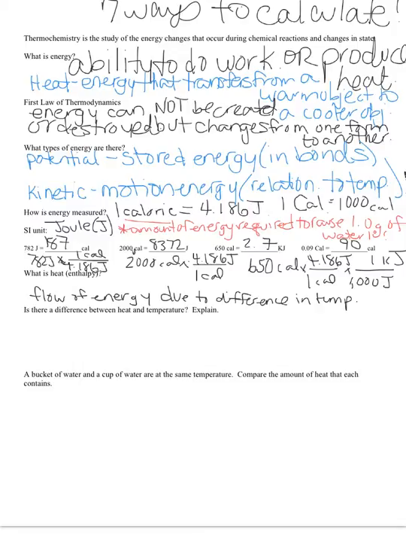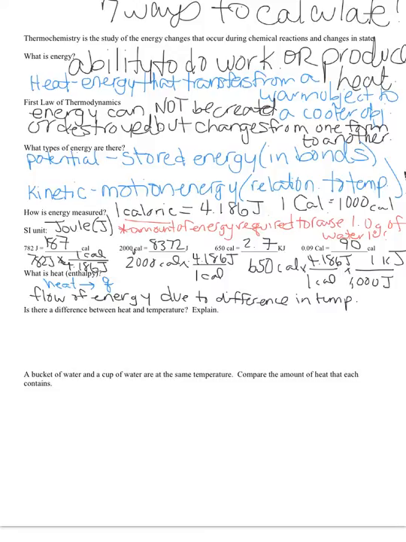There are a couple of different ways we can shorthand this with symbols. One of those is the lowercase q, that's almost written in cursive. This is a measurement for heat.